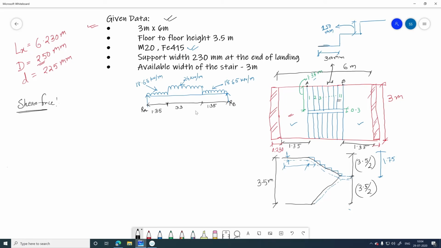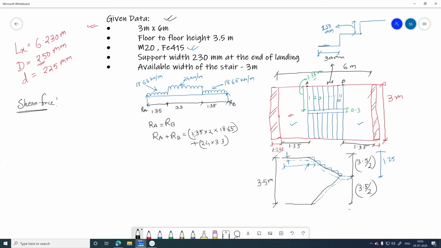As there is a symmetrical load, and the structure is also symmetrical, we can write that RA equals RB. Also we can write that RA plus RB equals 1.35 into 2, because it is on both sides, and the load is 18.65 plus 24 into 3.3, because the 24 load is coming over the 3.3 span.